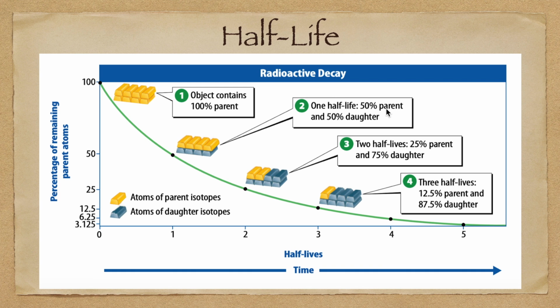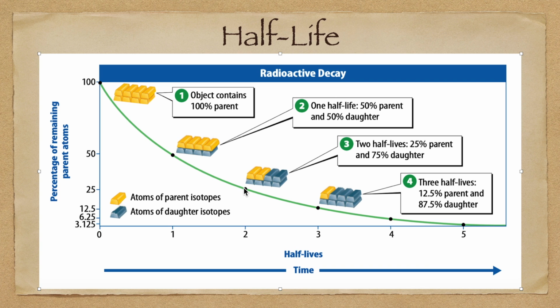Now we have 50% parent isotope, the C14, and 50% daughter isotope. That's 5,730 years to here. That is one half-life. And there is 50% of the original material after one half-life.